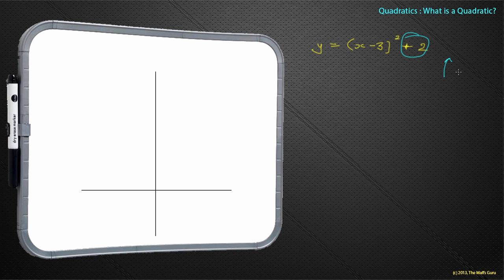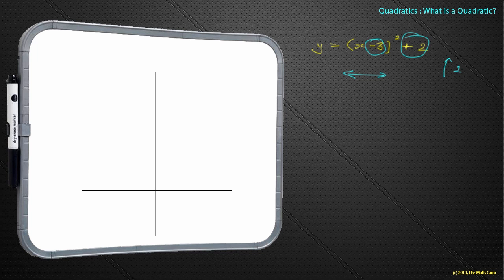All that does is move the standard x squared curve up 2 places. And what does this value inside here do? Well, it's with the x, so it must do a horizontal shift, and I'm deliberately going to put 2 arrows on there, but because it's a -3, we would normally expect it to move left.